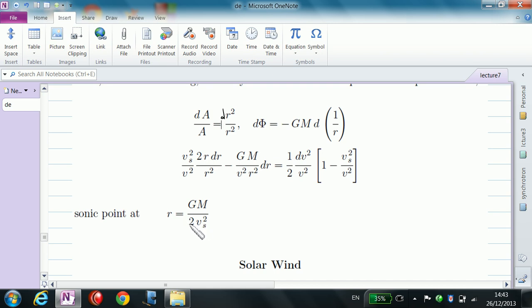And this is kind of like an event horizon. I don't want to push it too far, but GM over c squared is a Schwarzschild radius, and I think there may even be a 2 in there too, but I'm not sure. Is it GM over 2c squared, the Schwarzschild radius?